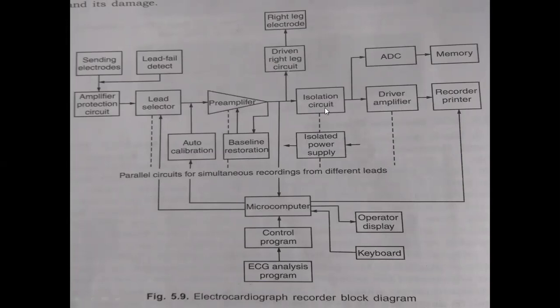And there is isolation. Isolation will be there everywhere. Suppose while changing the lead selector switch, some artifacts will occur. Artifacts means unwanted signals which are not required for the actual signal.